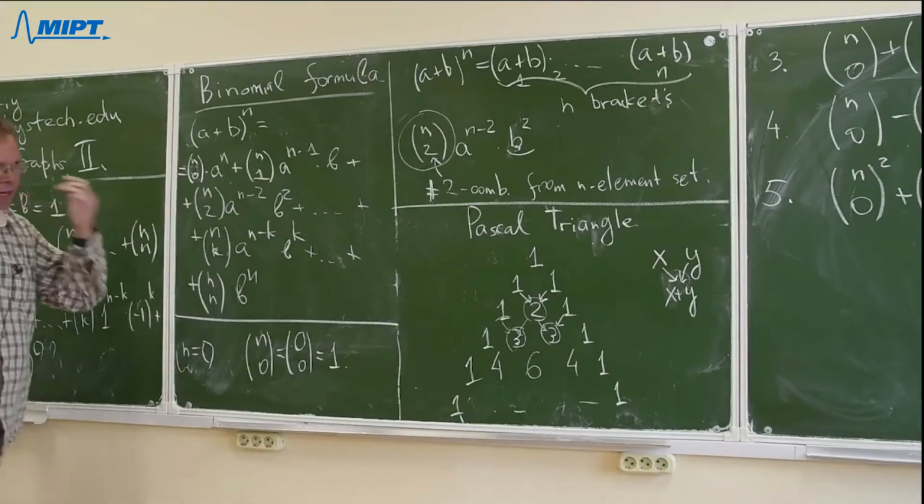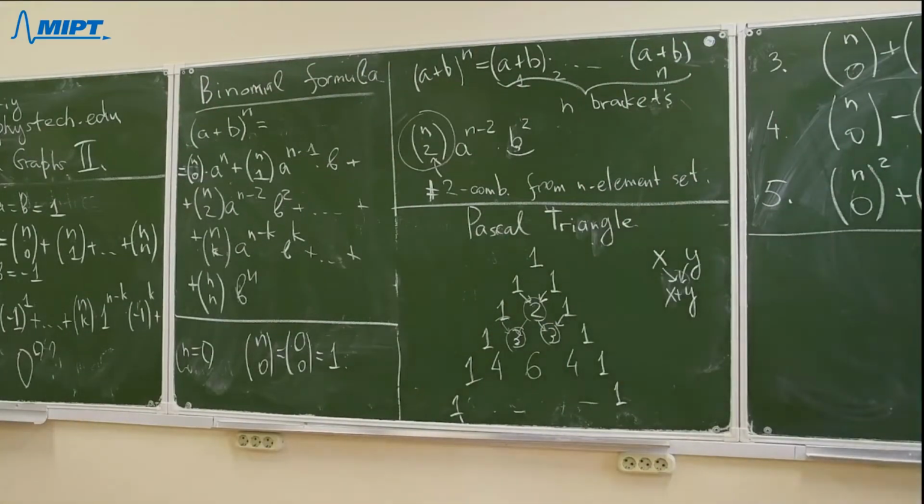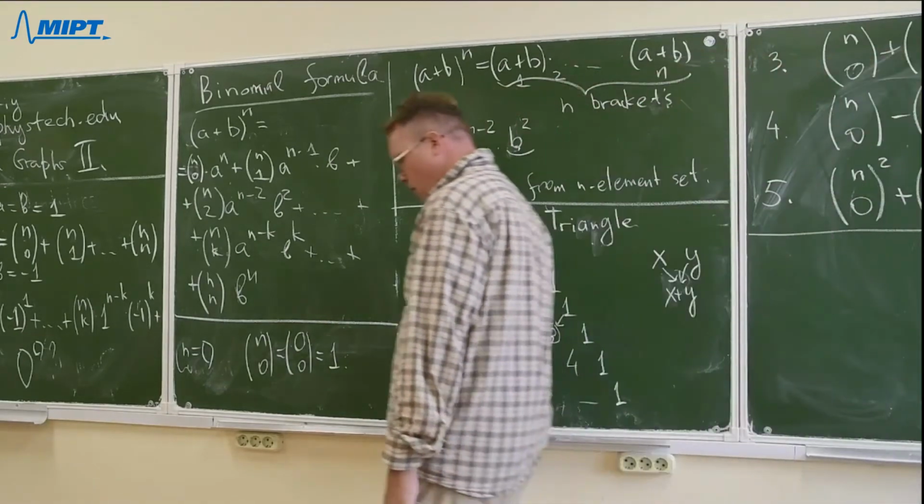And it's not very hard to see that this Pascal triangle is exactly the number of possible combinations of an n-element set.